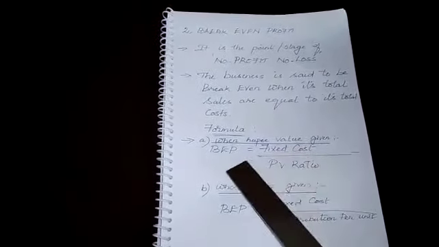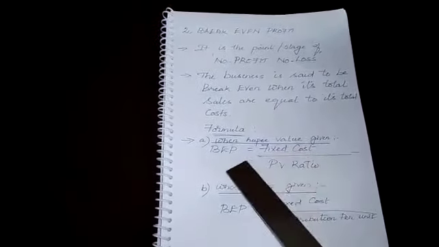Likewise in units, if they are giving, we have to use this formula: fixed cost divided by contribution per unit. When we are applying these formulas, we will be getting break even profit or break even sales.